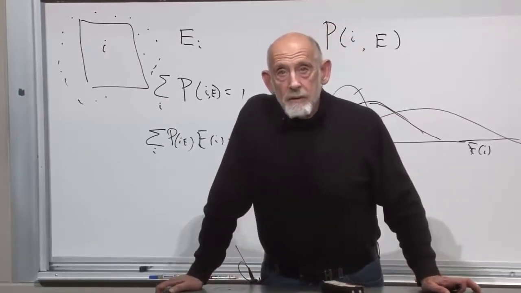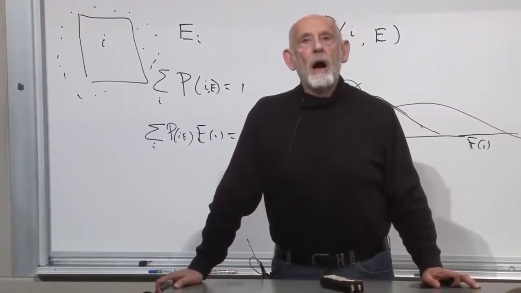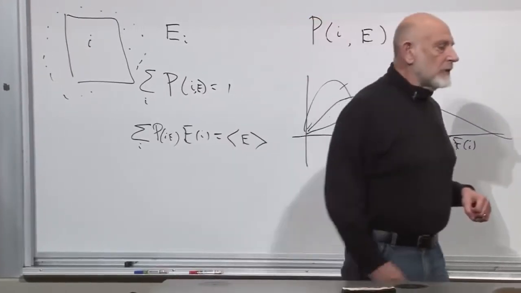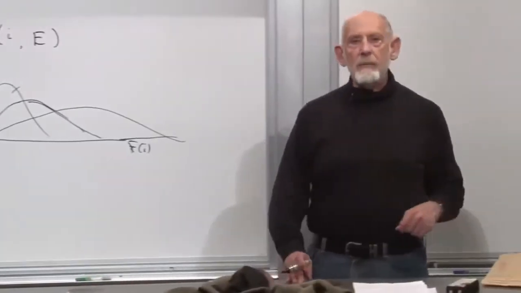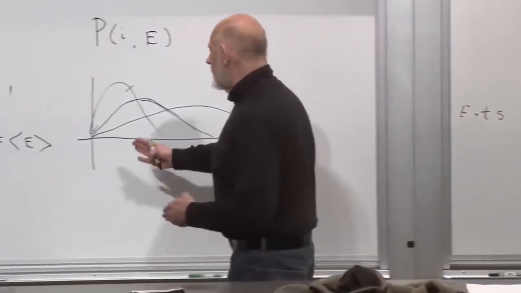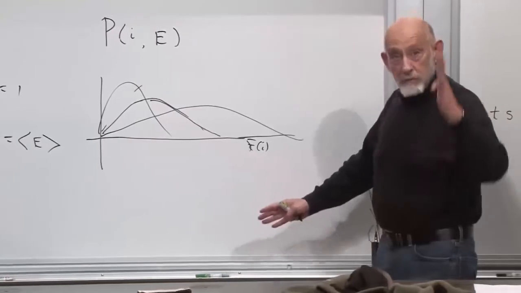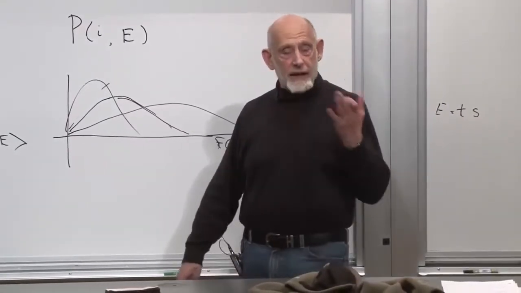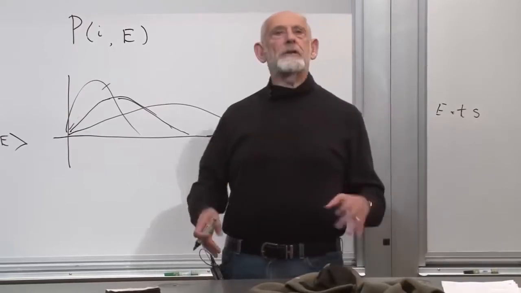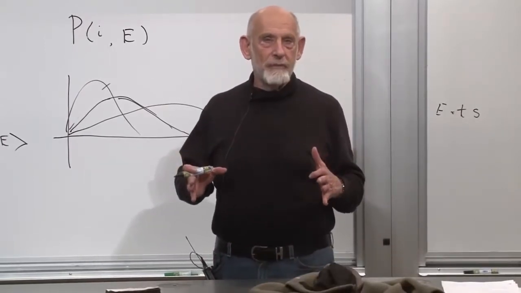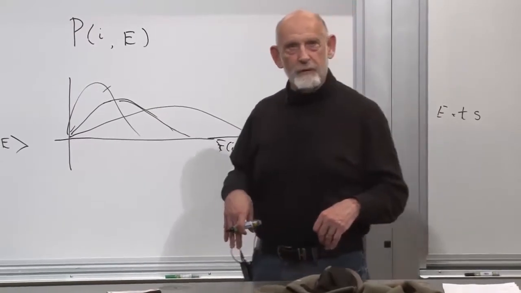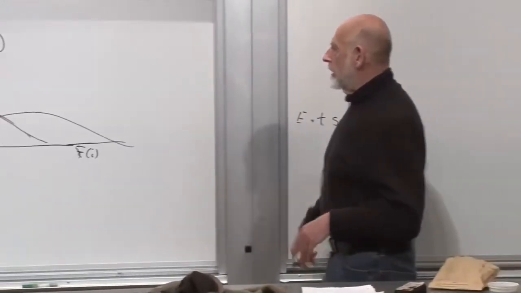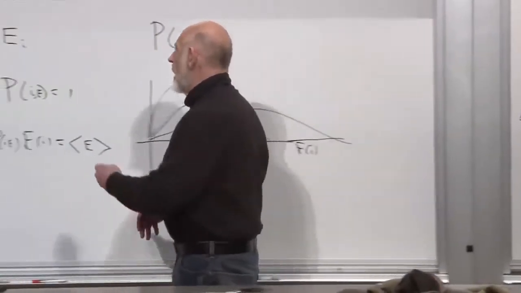How we label them? Okay, so let's agree to label them in ascending order of the energy. And let's take it as given that no two states have exactly the same energy, which is typically true except in very unusual situations. Then we have a clear notion of what we mean by I.